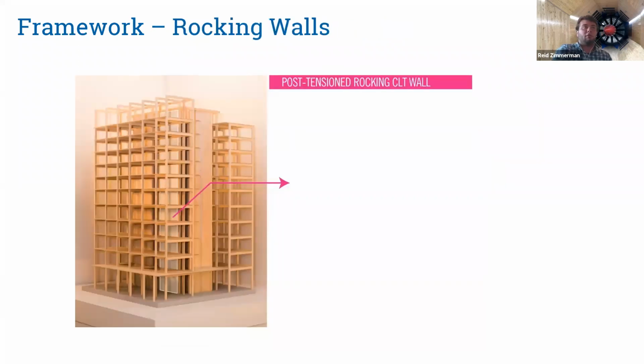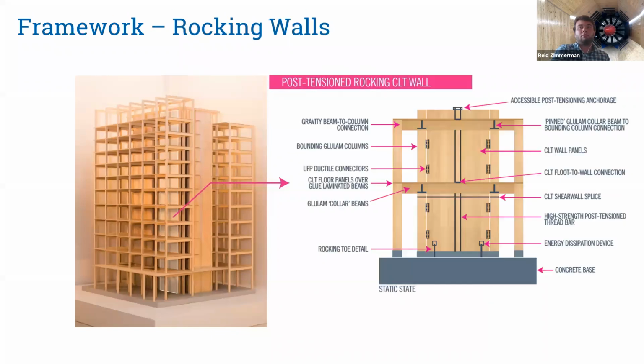So describing a little bit better what the rocking wall system was envisioned for framework, and something that I think has a lot of legs on future projects, is the idea of instead of fighting the inherent nature of a CLT panel to want to rock up and over, you sort of use it in its best way.